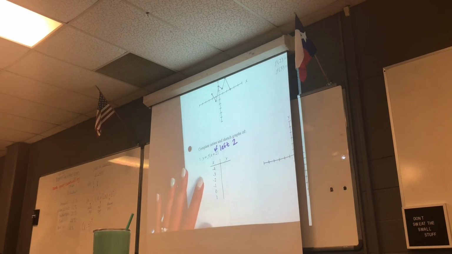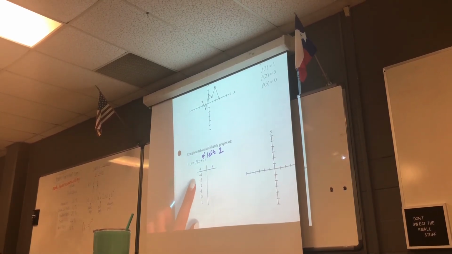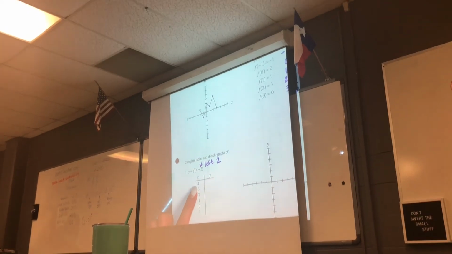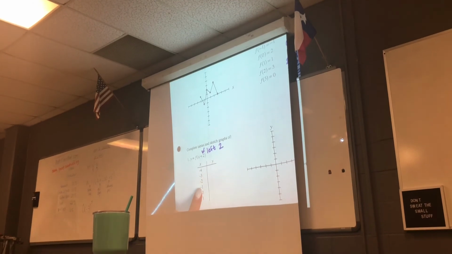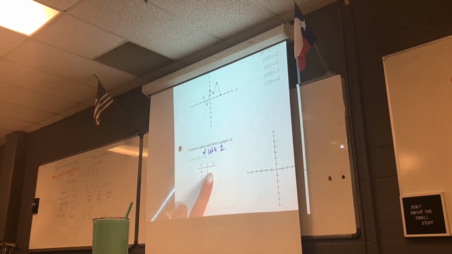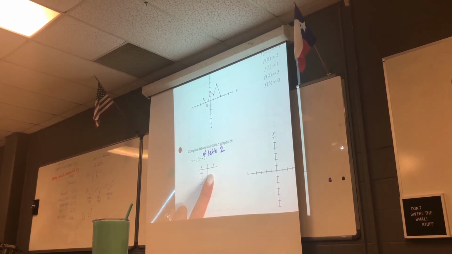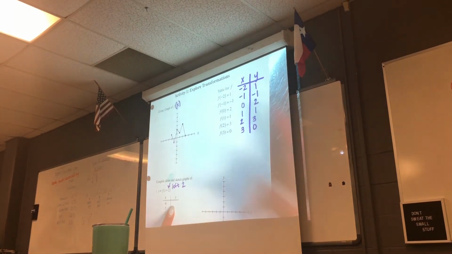Now, did they already change the x values then? They did. They already did change the x values. So the y values shouldn't change, right? If you shift something left or right, the y numbers don't change. So they should be the same on this table as they were up here.